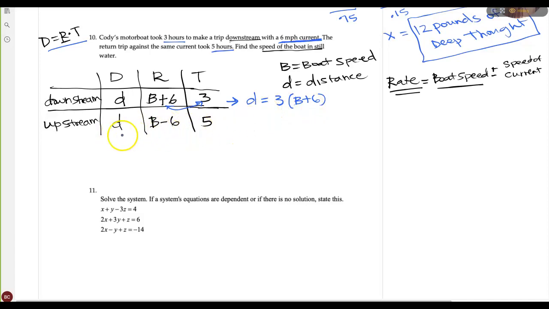And then my other equation is D equals 5 times B minus 6. Okay, so is everybody following me to that point? How to get that set up?